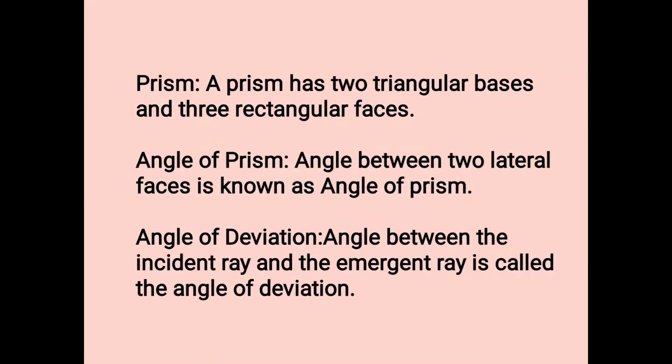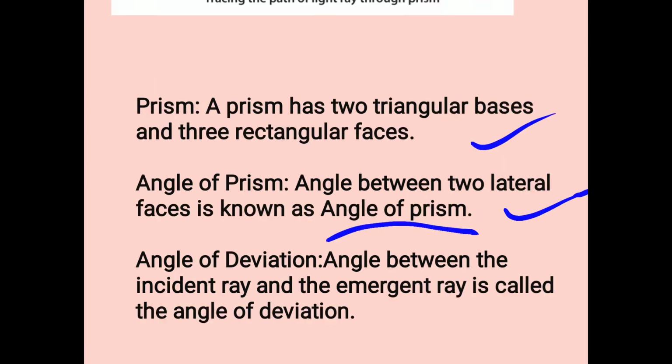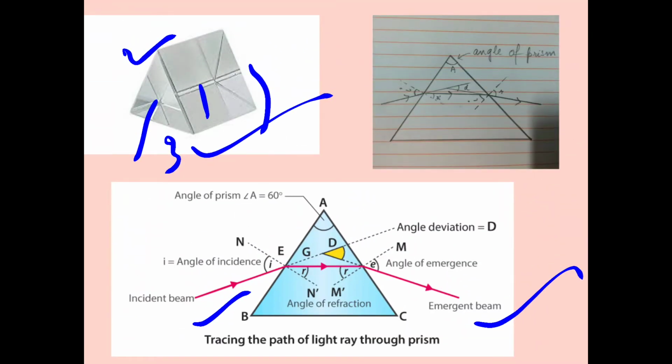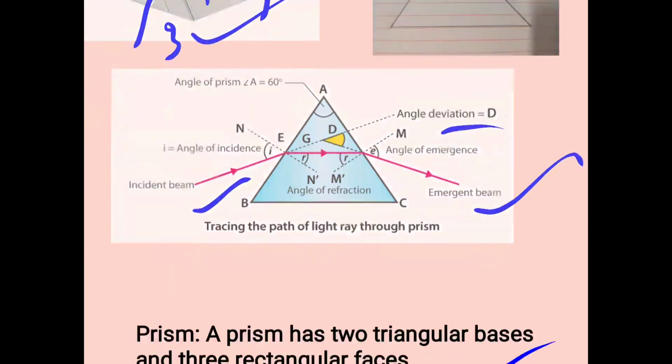So a prism is that structure which has two triangular bases and three rectangular faces. The angle of prism we get between two lateral surfaces. And the angle of deviation is the angle between the incident ray and the emergent ray. As we can see here, this is our angle of deviation.